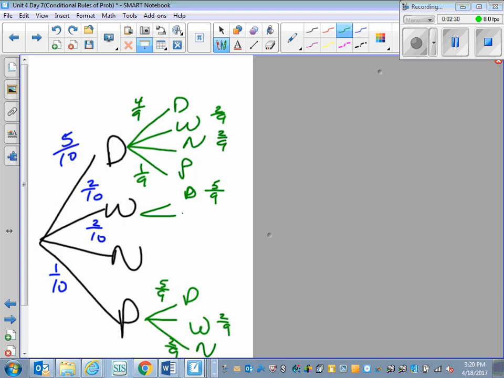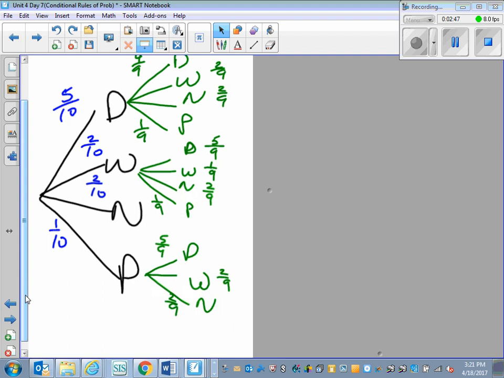The probability of Washington changes to 1 out of 9. The probability of New York is 2 out of 9, and Philadelphia is 1 out of 9. New York will have the same tree as Washington. The only difference being Philadelphia is going to have 5 out of 9 for Dallas, 2 out of 9 for Washington, 2 out of 9 for New York. And since Philadelphia only has 1 ball, that's not an option if it's drawn first.